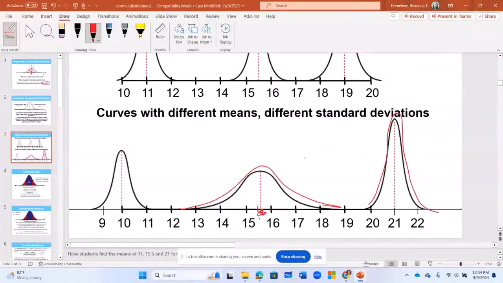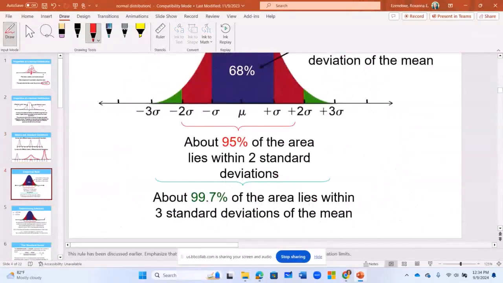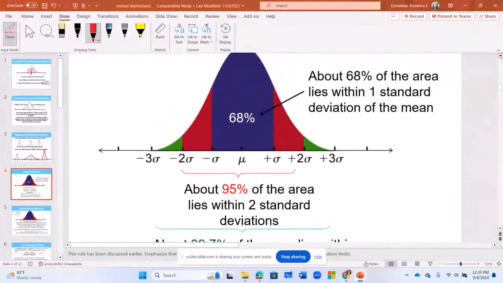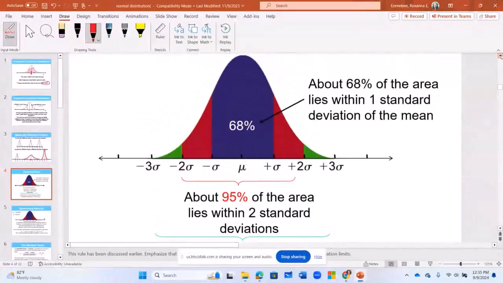Okay, so let's look at the next PowerPoint. This is still the empirical rule we talked about, except that this is a different diagram. 68% of data lie within one standard deviation. Note that from here to here is 68%.